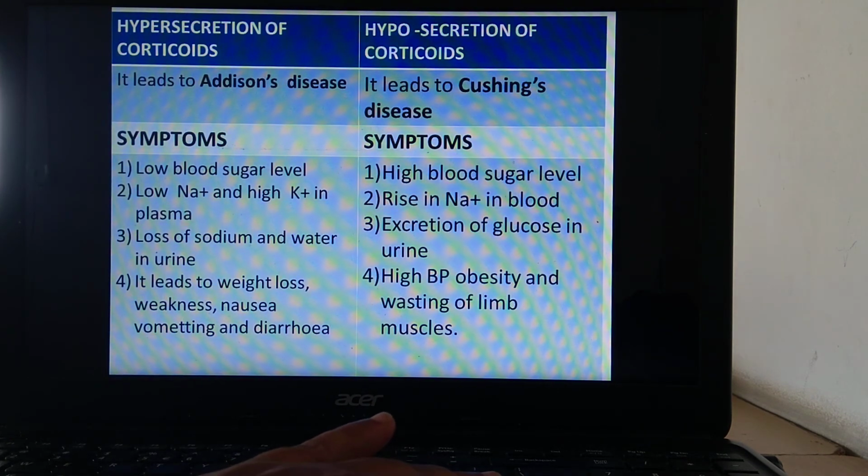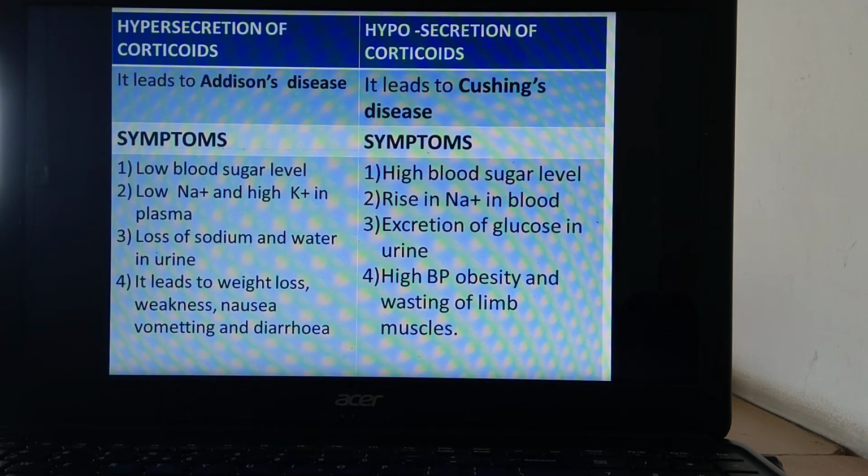Now we are going to see what are the symptoms of hypersecretion and hyposecretion of corticoids. When it is secreted in hyper amount, that means in more amount, hypersecretion of corticoids leads to Addison's disease. What are the symptoms of Addison's disease?